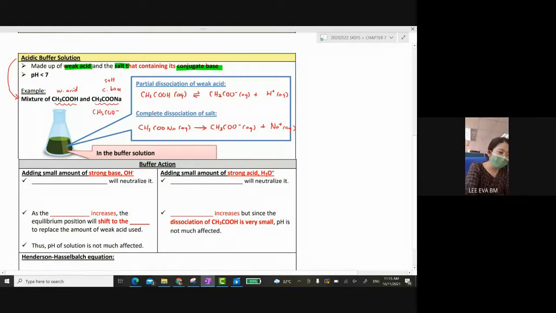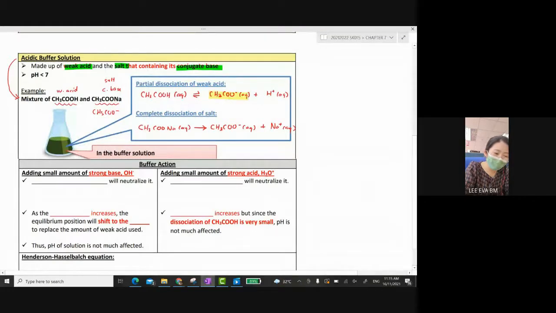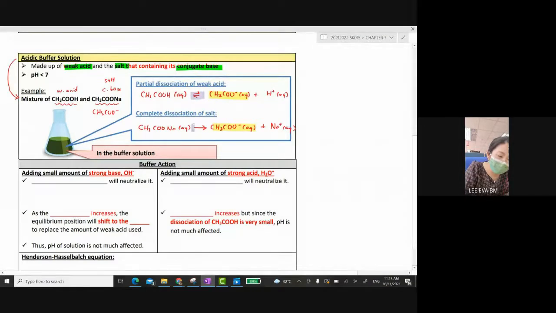Okay, so you can see over here we have the conjugate base. Why do we say the salt must contain the conjugate base? Maksudnya dekat salt ini dia mesti kena ada conjugate base daripada acid dia. So ada weak acid, ada conjugate base. So take notes or highlight on the arrow. So you must be very sure about why we are using this arrow.